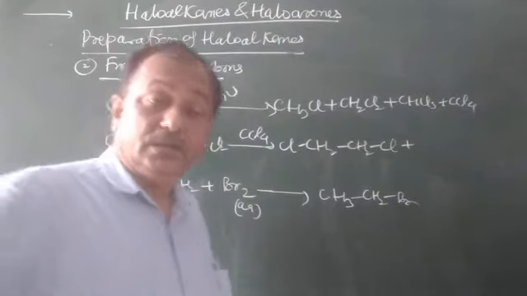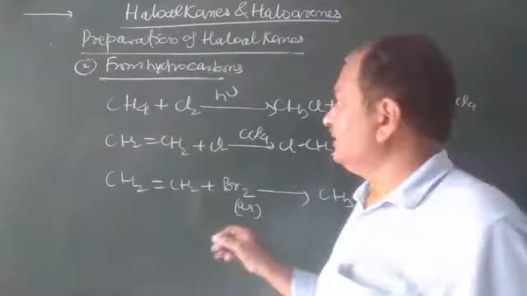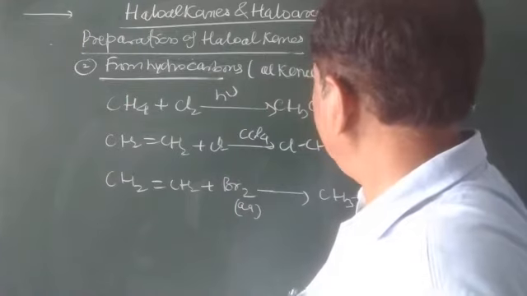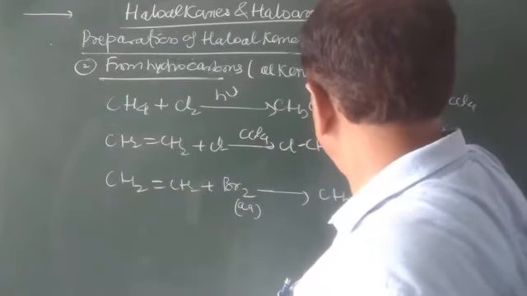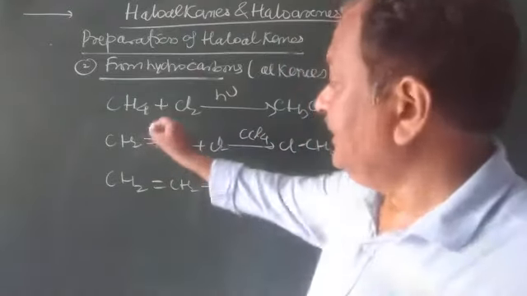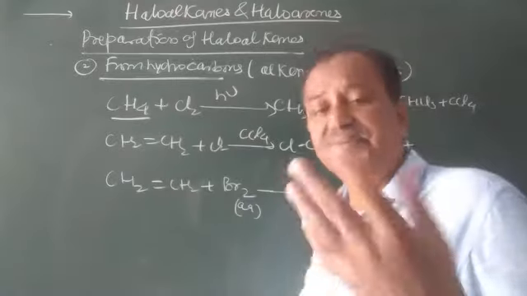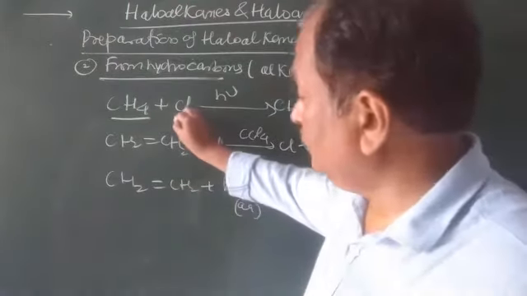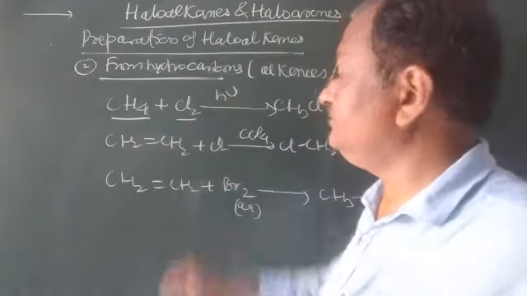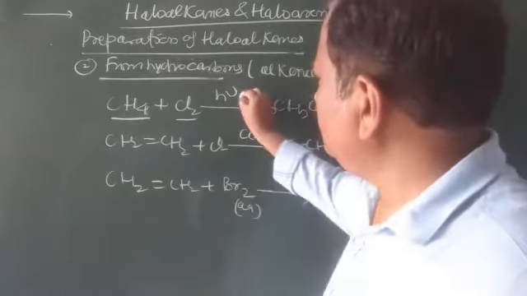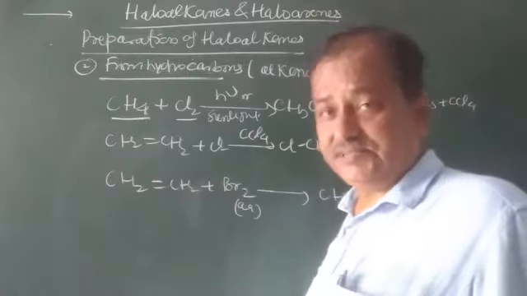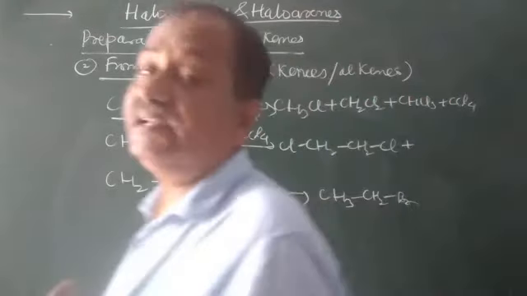See how. Now the second method is from hydrocarbons. Hydrocarbons, it can be from alkanes or alkenes, can be easily converted into the corresponding haloalkane. If you take any basic hydrocarbon, methane, ethane, propane, etc., on exposure to halogen in presence of ultraviolet light or sunlight, or diffused light, some energetic range has to be provided.